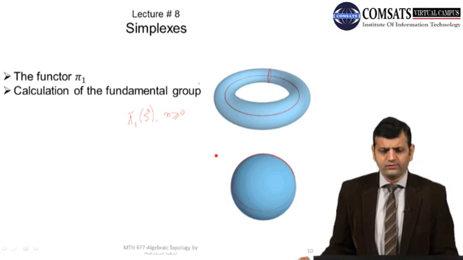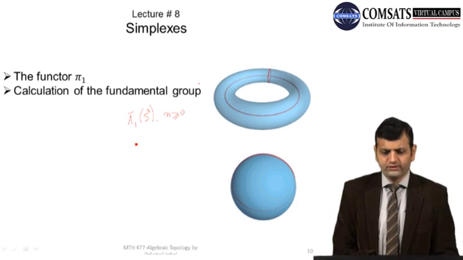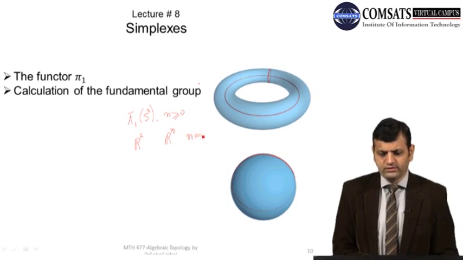Then we also calculated the fundamental group of a torus using the product topology. Then we used this, for example, to show that R2 is not homeomorphic to Rn where n is not equal to 2.